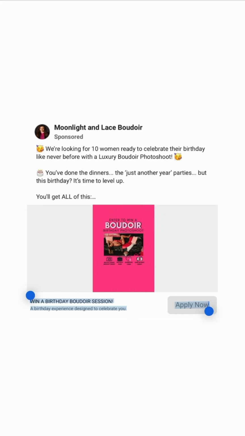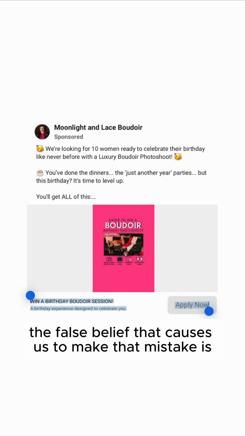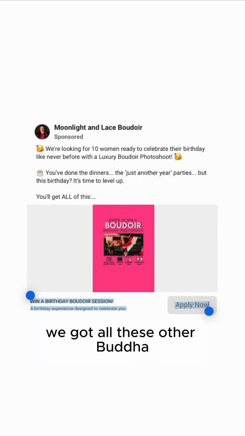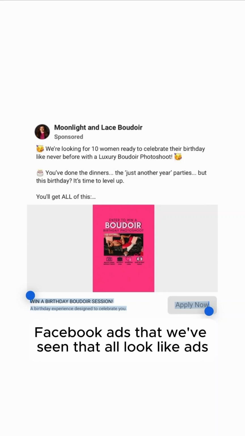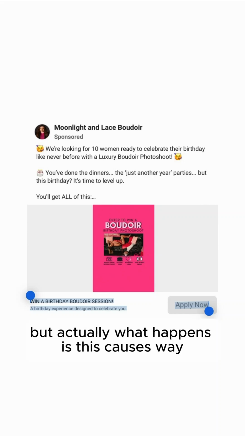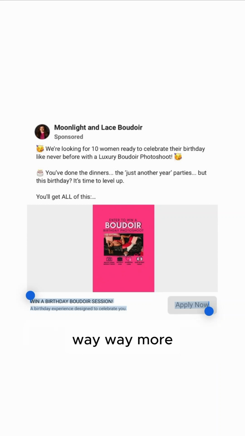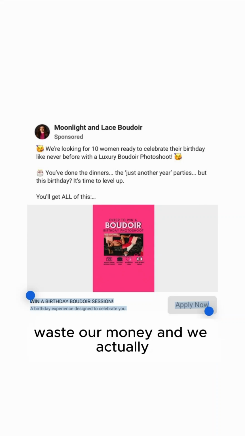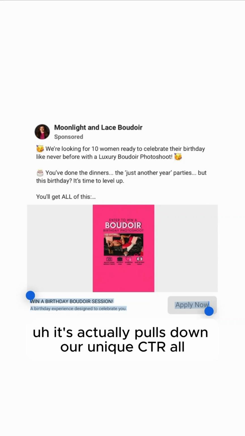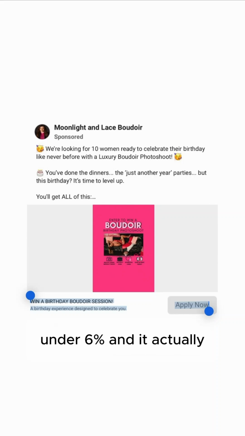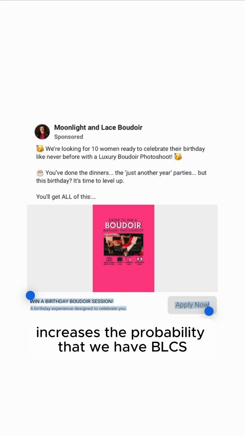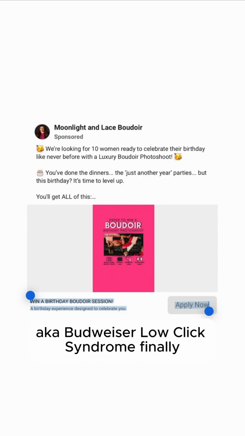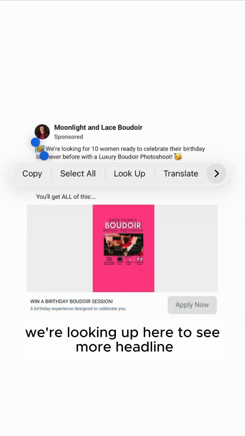And that's because we got all these other Boudoir Facebook ads that we've seen that all look like ads. But actually what happens is this causes way, way, way more women to scroll by our Boudoir Facebook ads than necessary. So we spend that money for those impressions, waste our money, and this pulls down our unique CTR under 6%, and it increases the probability that we have BLCS, aka Boudoir low click syndrome.